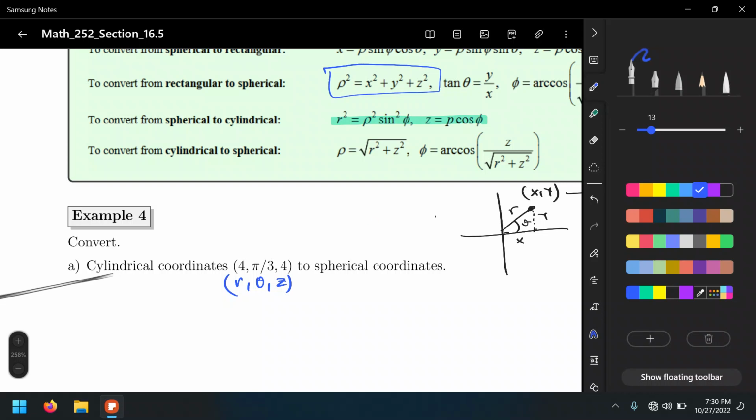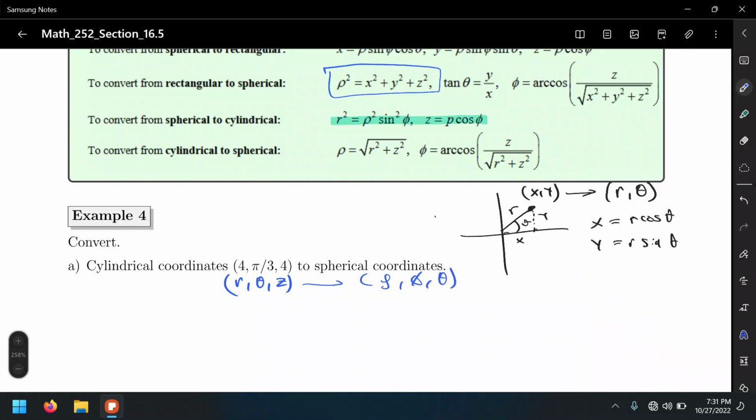Oh, that's because we go from cylindrical coordinates to spherical coordinates. So the end result will be of the form rho, phi, and theta.